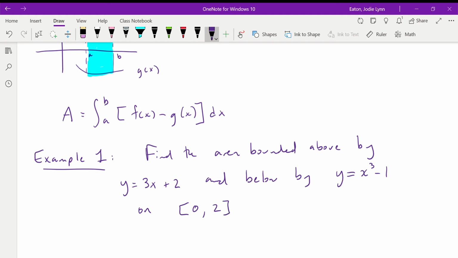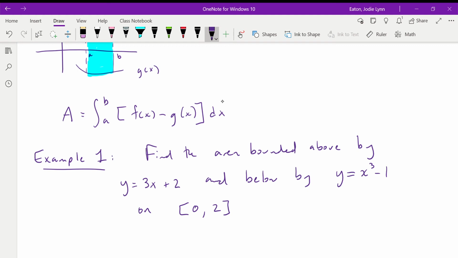So let's just check and confirm these functions are both increasing on that interval. If we take the derivative, we can see that they're actually always increasing on that positive interval. In fact, x cubed is always increasing, and so is 3x plus 2.